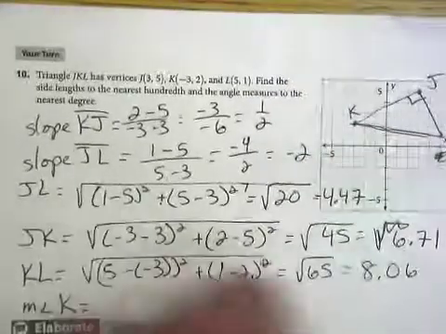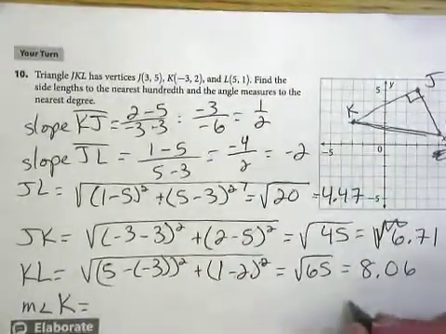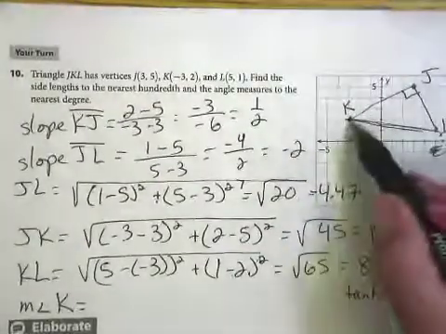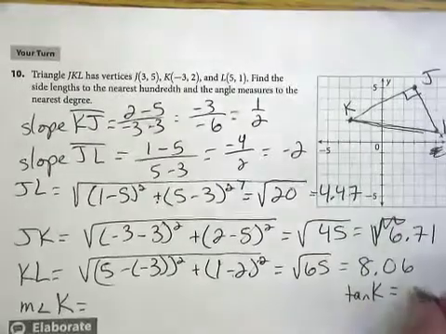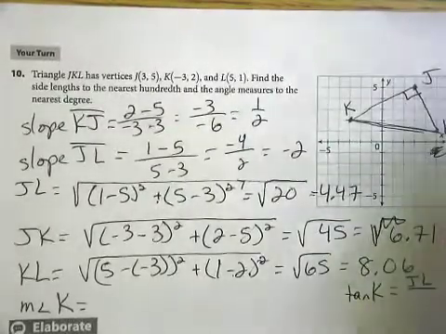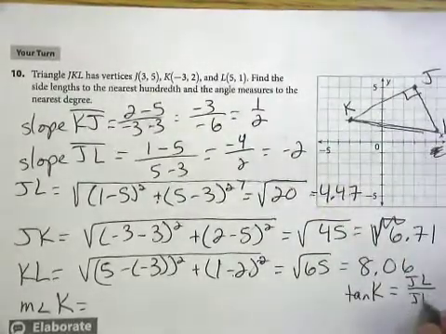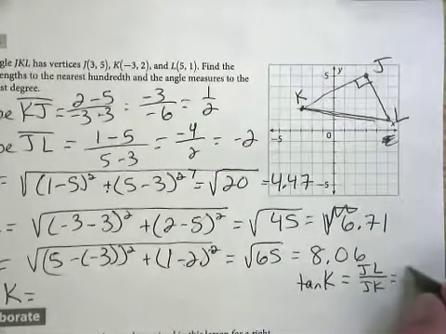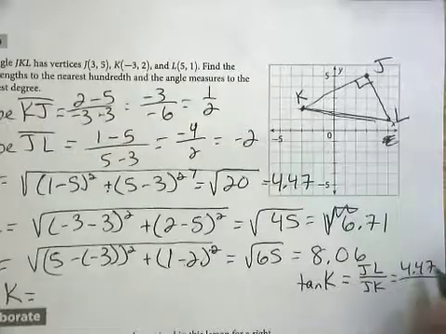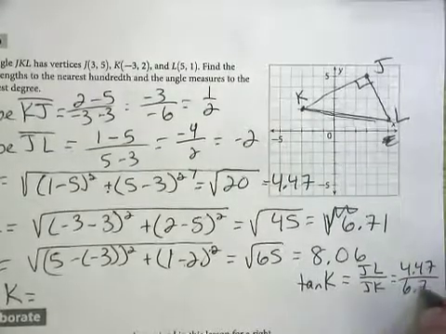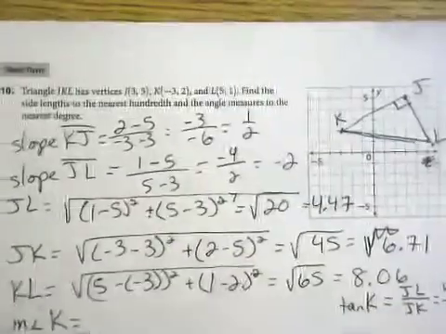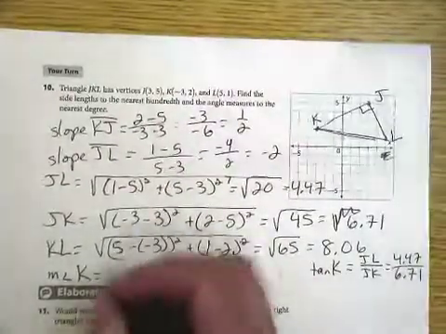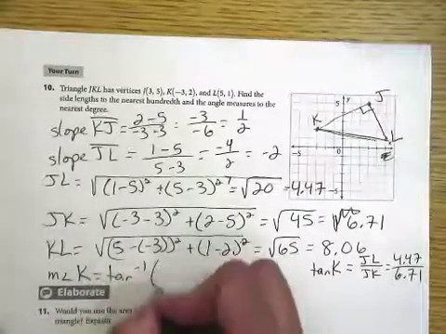Finally, let's find an acute angle measure. I'm going to find the measure of angle K. And because I know all 3 sides, I can use any trig ratio I want. I'm going to use the tangent of K. So tangent is opposite over adjacent. JL was 4.47.